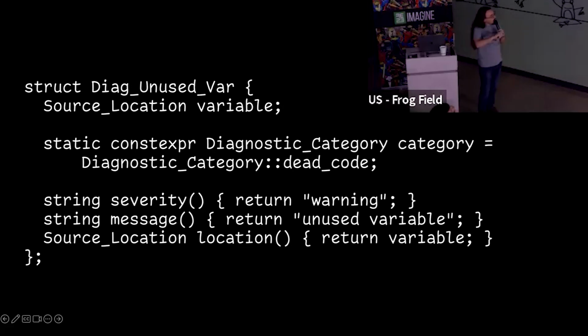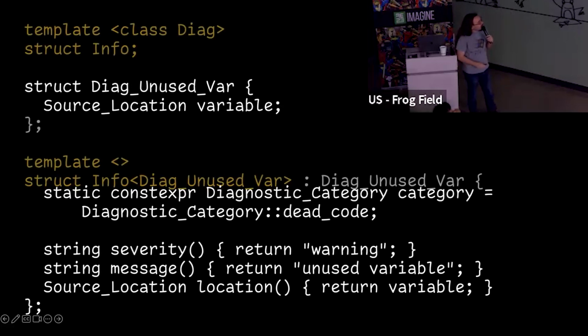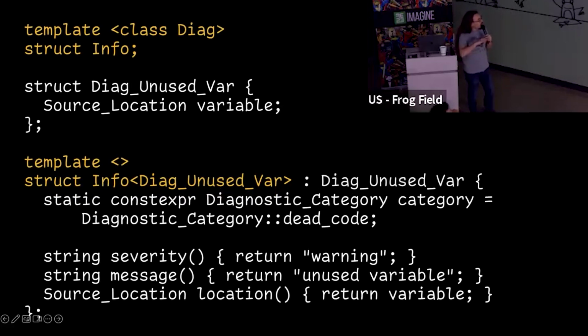So let's separate them into two different classes. So we keep the top as the diag unused variable, but then we make this class called info. Info is actually a template that you make a specialization for each different diagnostic type. So here we have the specialization for diag unused var. And at the bottom for location, you see we just said return variable.